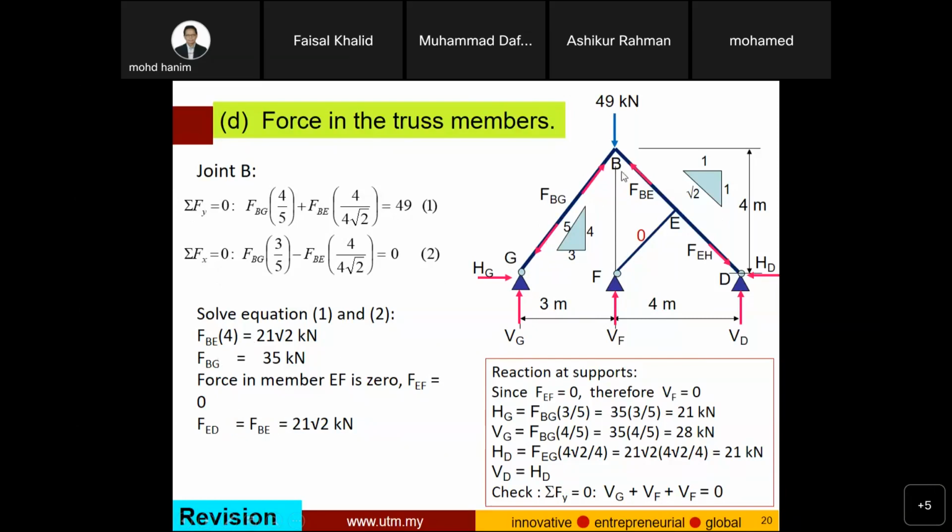And remember, take note, if two truss members meeting at B have equal angles, then the force in the members is symmetric. In this case, BG equal to BE.